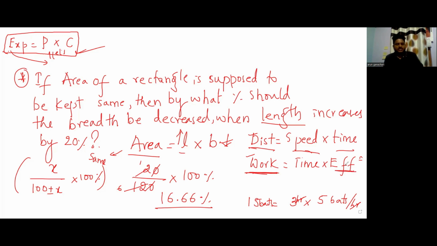I'm talking about increased. Efficiency should be increased when time decreases by 30%. So what will you do now?